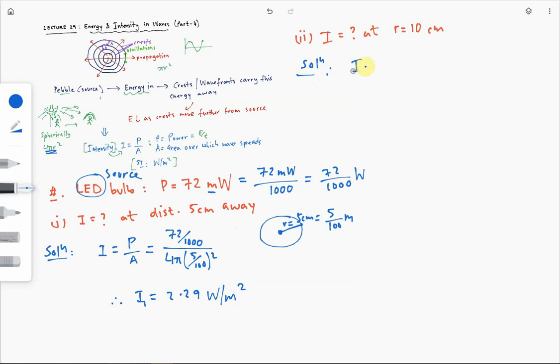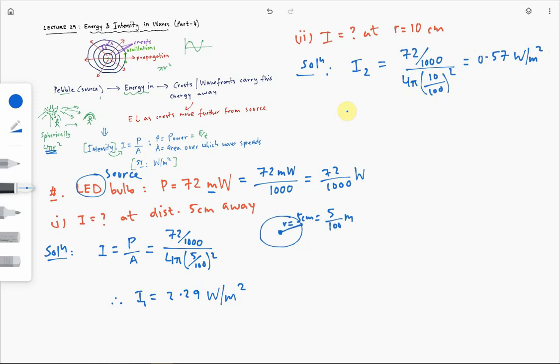We do the similar thing, let's call it I2 for now, and the power is still the same because the source hasn't changed, so power is still 72 over 1000 watts, over 4 pi r squared. Now r has changed, you have moved 5 centimeters farther away, so 10 over 100, squared. This gives you an intensity of 0.57 watt per meter squared. This is the intensity at a distance of 10 centimeters away from the light source.